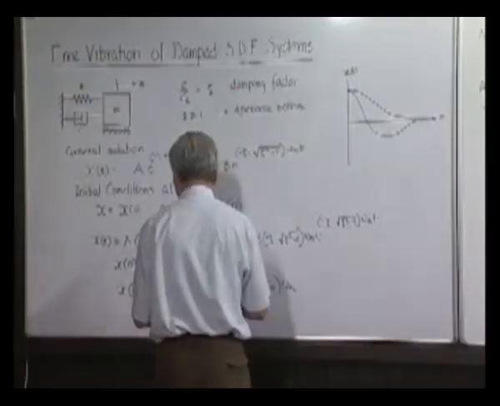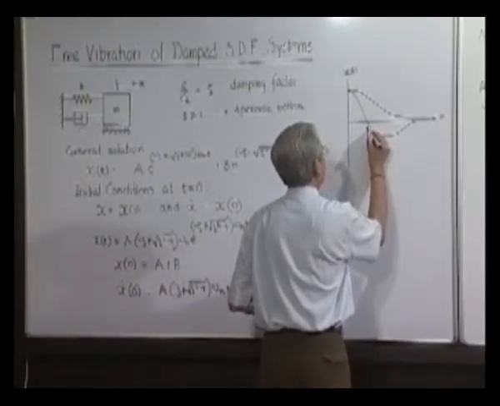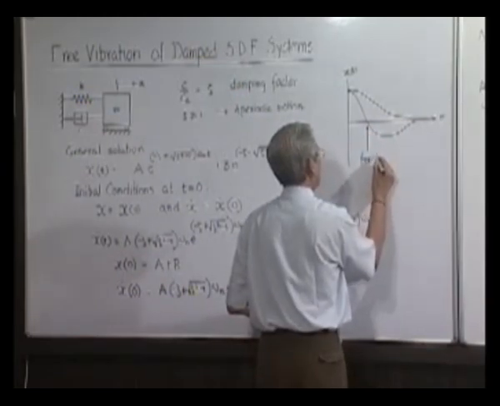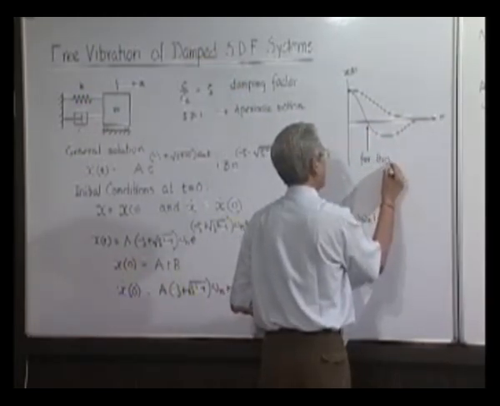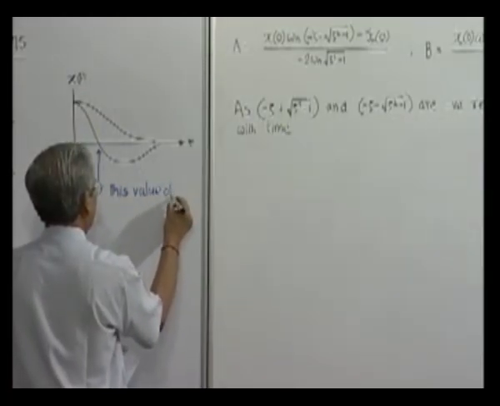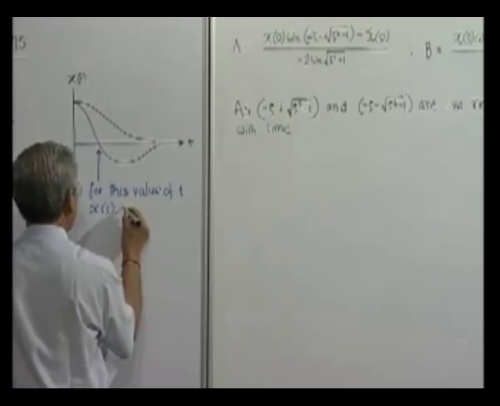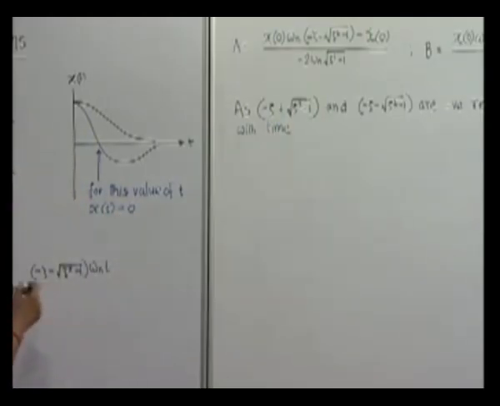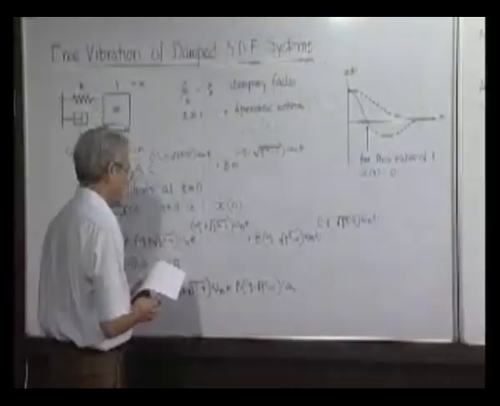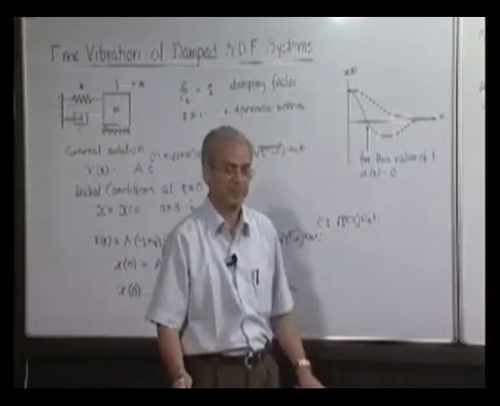So, the question is whether for this value of t, x(t) is equal to 0. Let us find out if and when such a thing is possible.